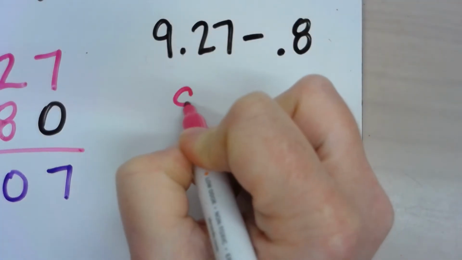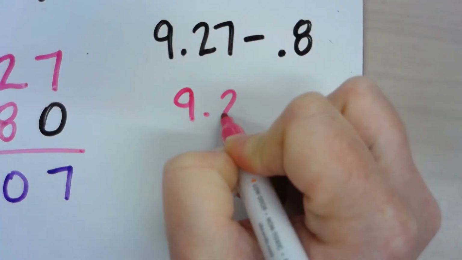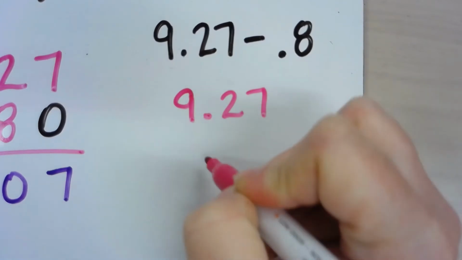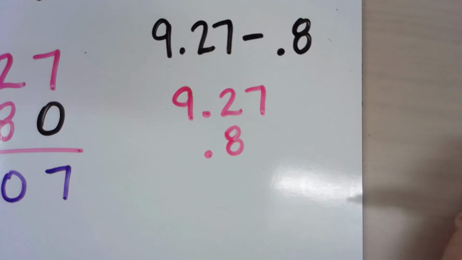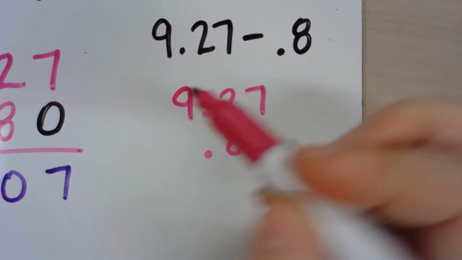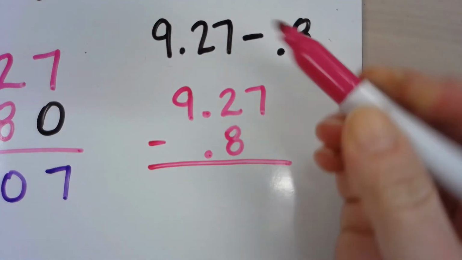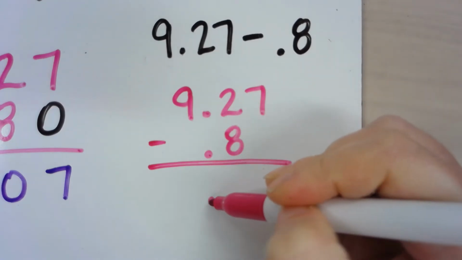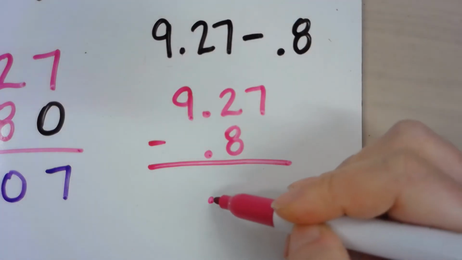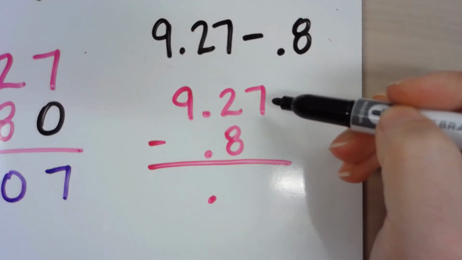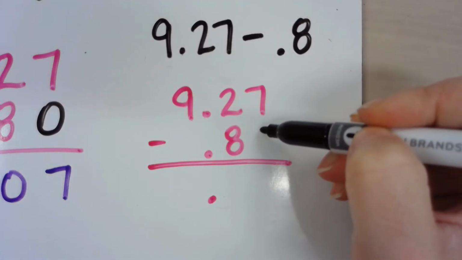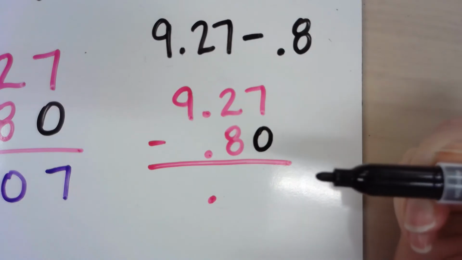Well, here, in the same way, we will put those numbers so that their partner place values line up. If your decimal place is in a line, you can simply bring it down into your answer. Again, I'll look and see. This 7 does not have a partner place value, so I'm going to write a 0.